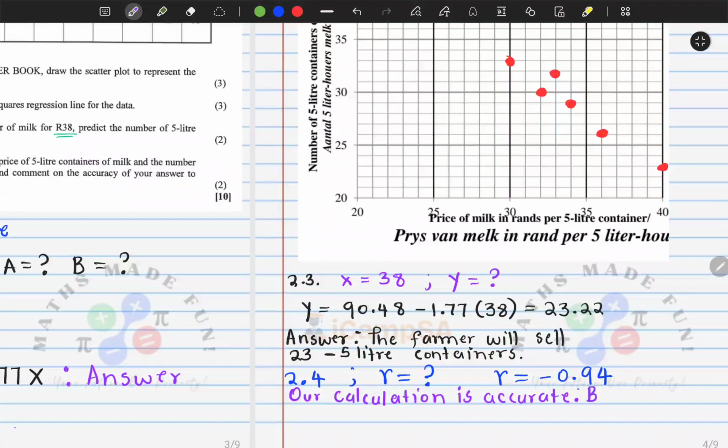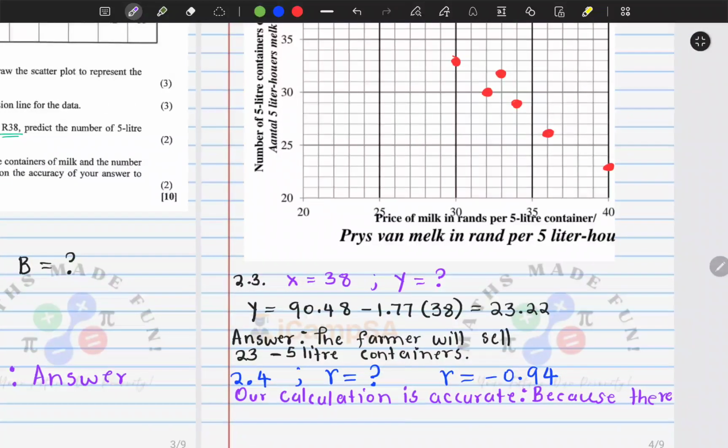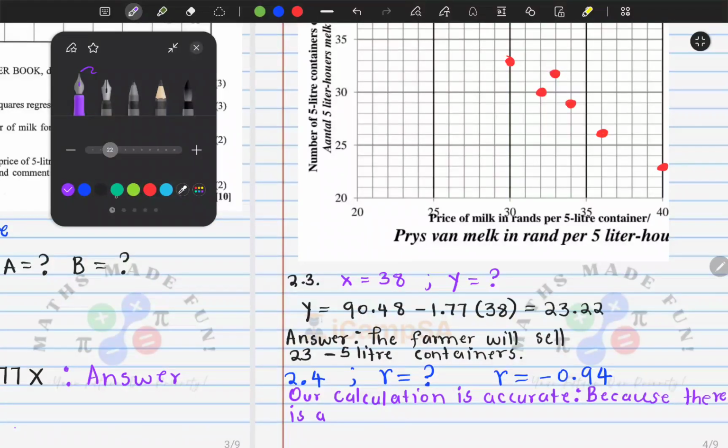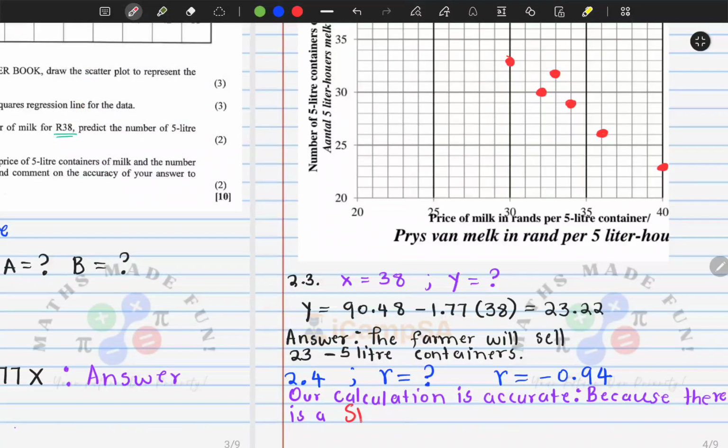This is because what is very important is this term here, strong negative correlation.